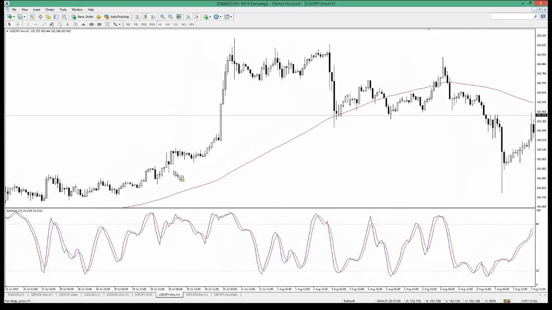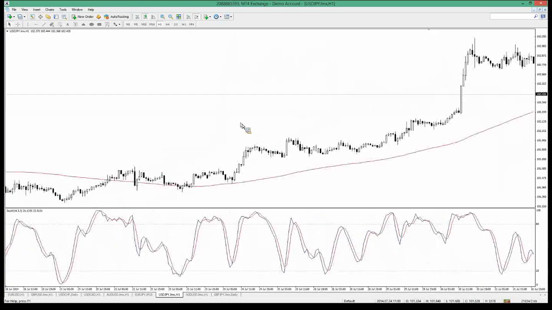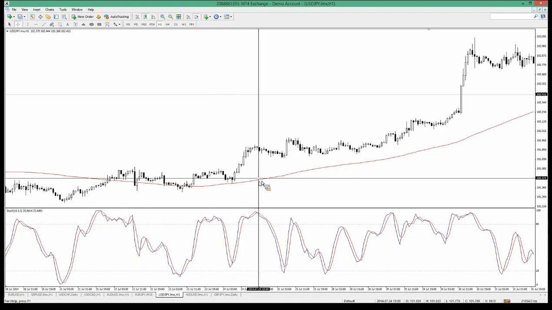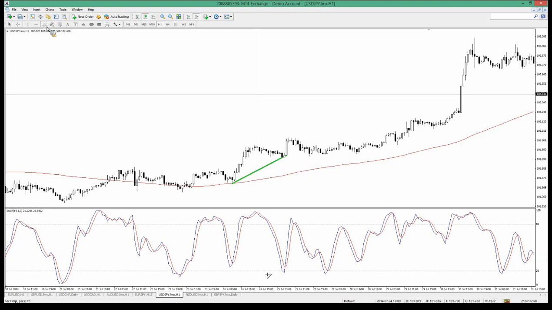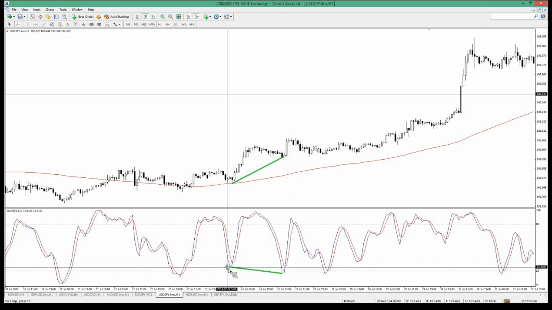Just throw it in, but the important thing is look to trade with the trend. If there's no trend, that's when you're going to start running into trouble. You can see here, for example, there's a very shallow pullback here to price.